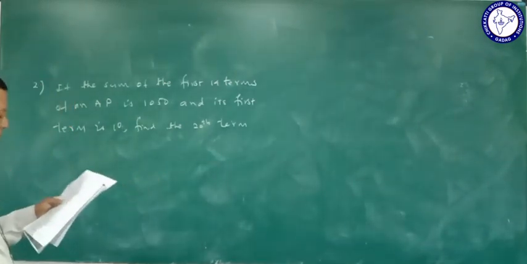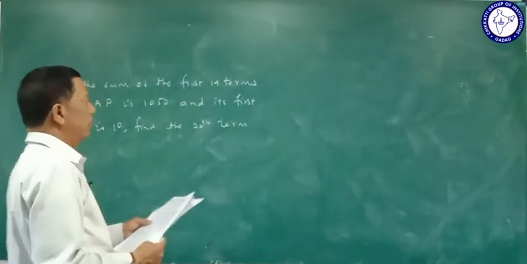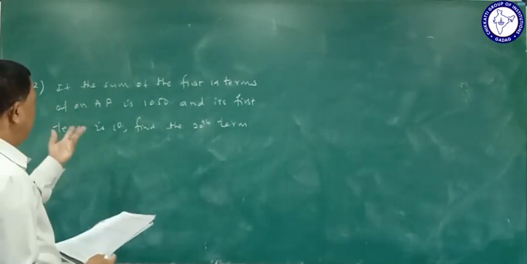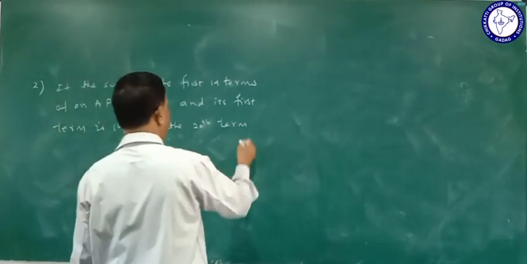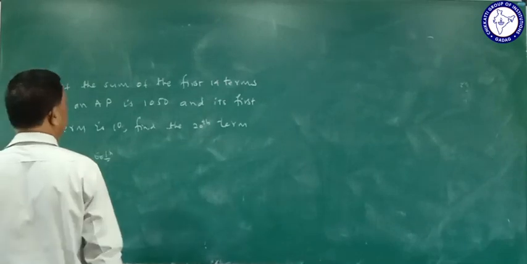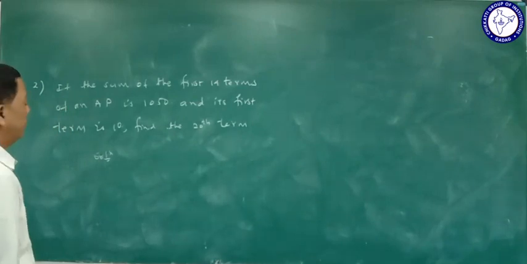So better you go for the calculation. The common difference is not given. Everything else is given here, but without the common difference you cannot do anything. See, the question is: the sum of the first 14 terms is given, that is 1050.